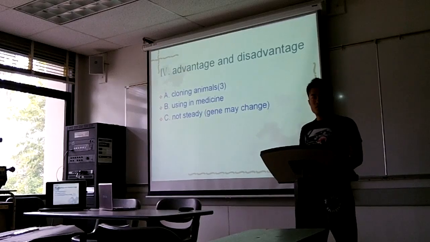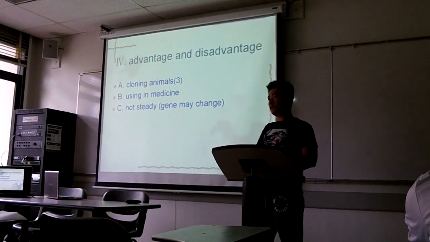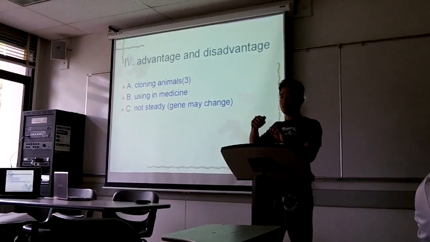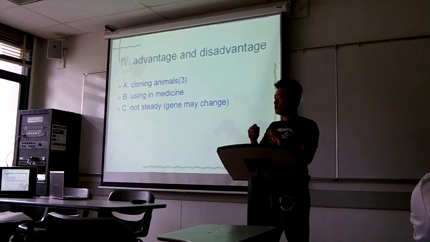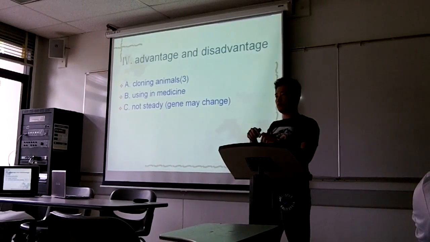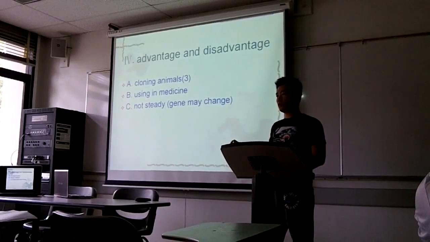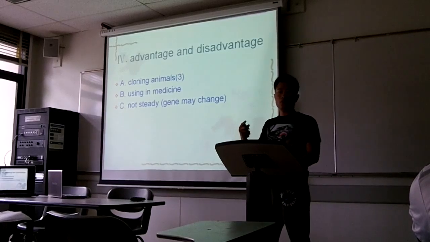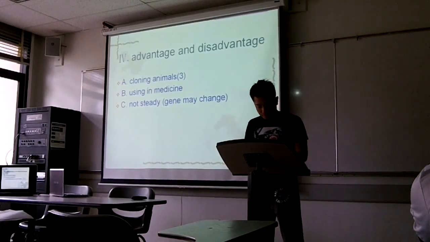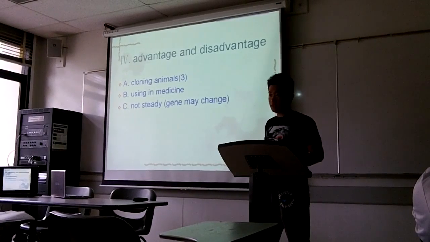So it's not steady. It may change. So when you use DNA, use a cell nucleus to clone some animal or some organism, it may change when they're growing, so I think it's not steady. It's not safe.